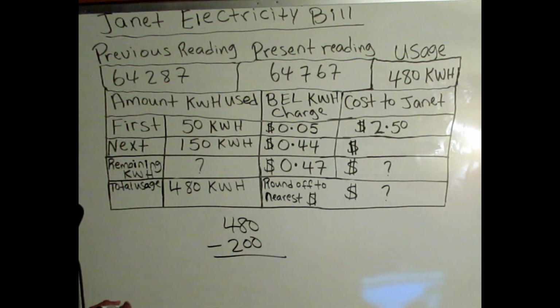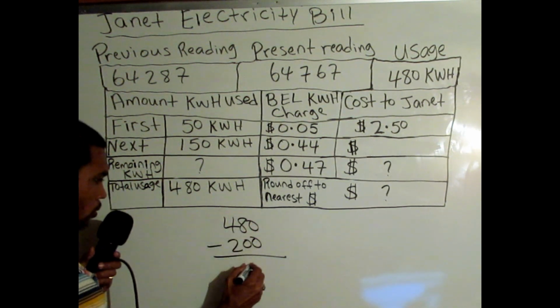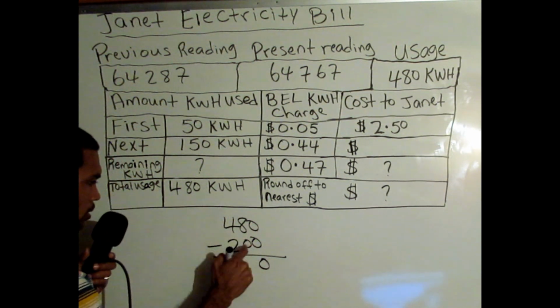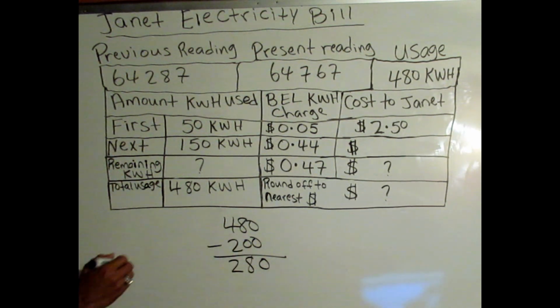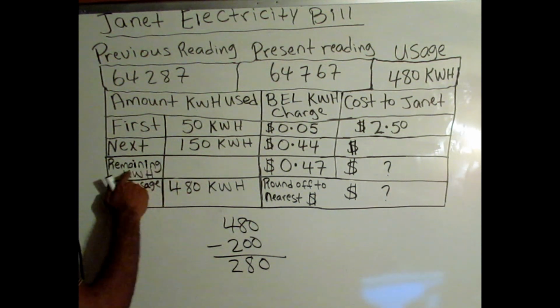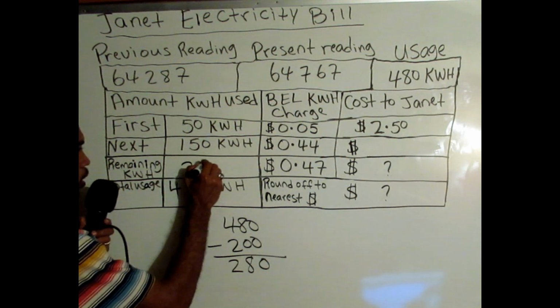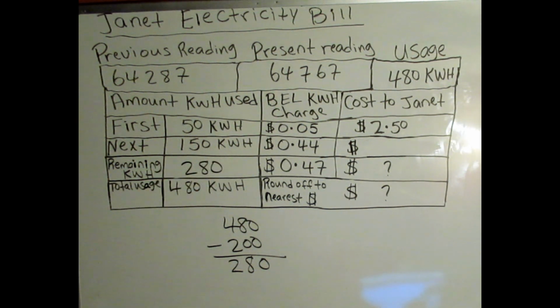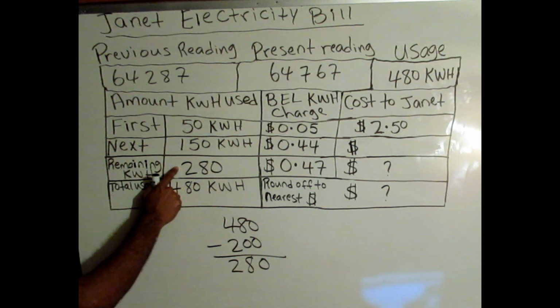So it's the 200 that the problem gave us, subtracted from the total usage, which is 480. When we subtract, 480 minus 200: 0 from 0 is 0, 8 minus 0 is 8, and 4 minus 2 is 2. So we can erase this question mark, and in this blank spot, we know that the remaining amount of kilowatts is 280. And again, how do we fill up this box that says remaining amount of kilowatts?